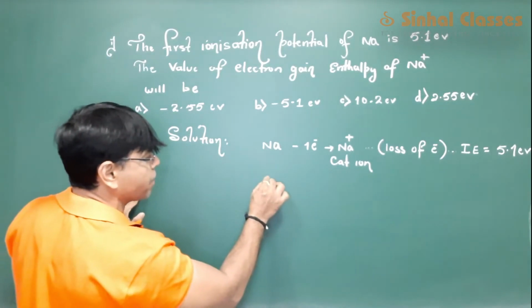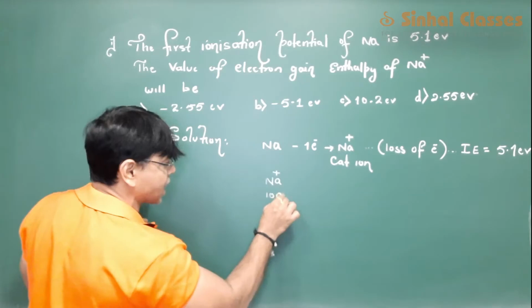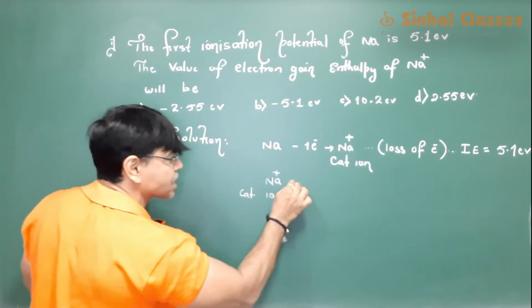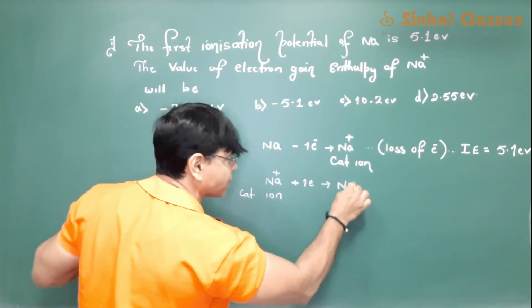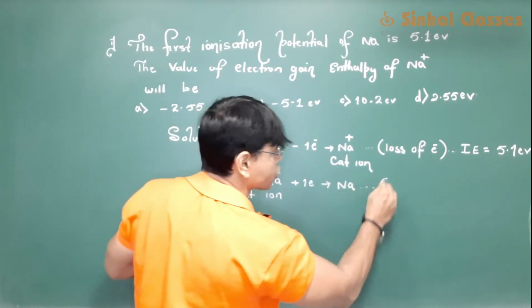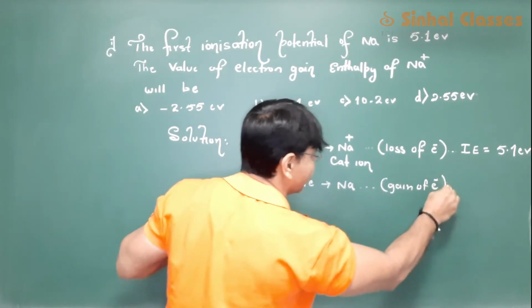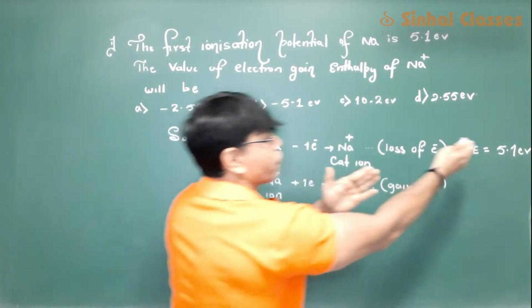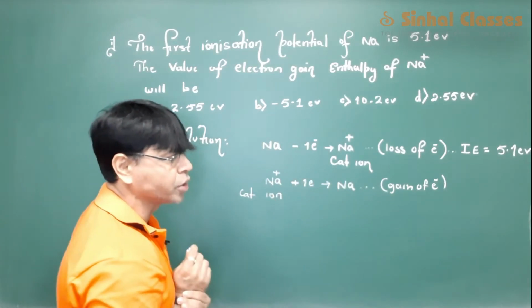Now gain enthalpy means Na+ ion, that is cation, is accepting one electron to turn back into atom. That means it has to gain an electron. Now this is very simple. For losing it is 5.1, for gaining it will be the reverse, the same magnitude.